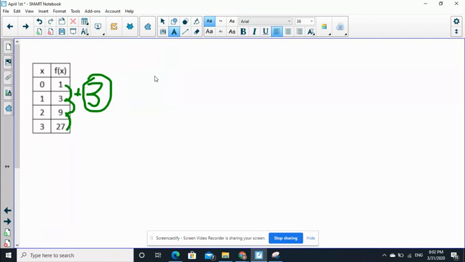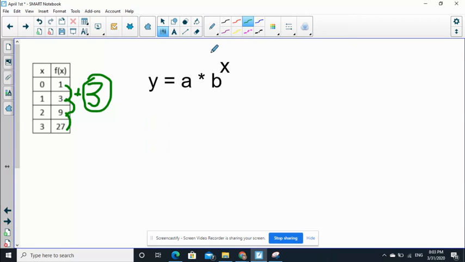And the equation for the exponential function: y equals a times b power x. Let me add power x here. Now what is a and b? A is the initial value, b is the number we multiply each time, or the factor.